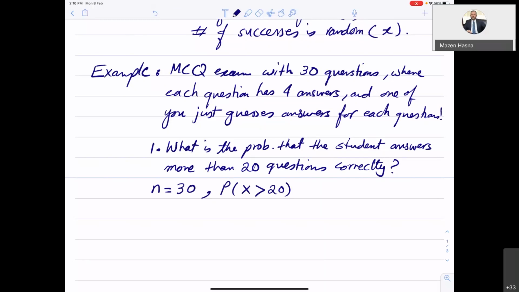Actually, in the morning I put it as greater than or equal, but the way I'm phrasing the question, if I say at least 20 questions correctly, then greater than or equal. If I say answers more than 20 questions correctly, then 21, 22, 23. Okay. What's small p? What's the success probability of each trial? 1/4, right?